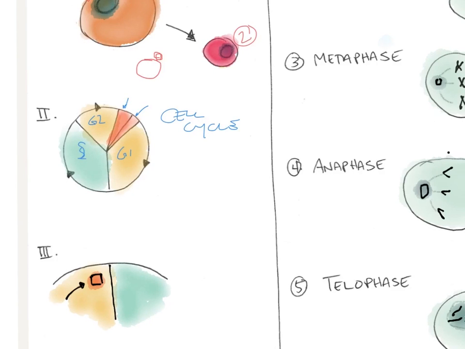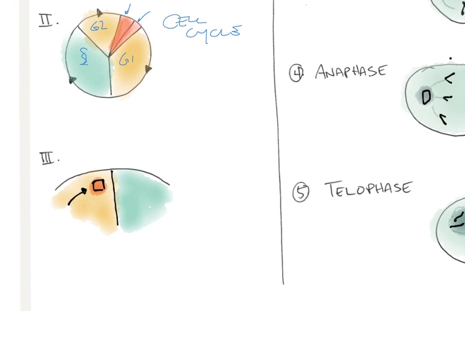And then in the third set, we focused a little bit more in on the cell cycle, and we looked at regulation of that cycle. So the regulation comes in many different forms, but this would be one of those checkpoints that we talked about. So a cell reaches this spot, and if that checkpoint is good, it will carry on through.